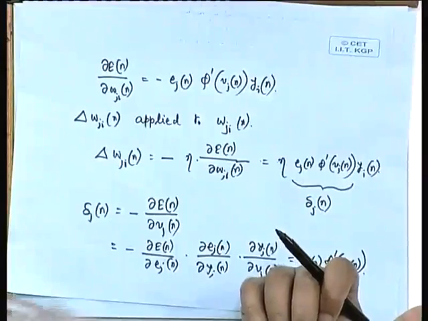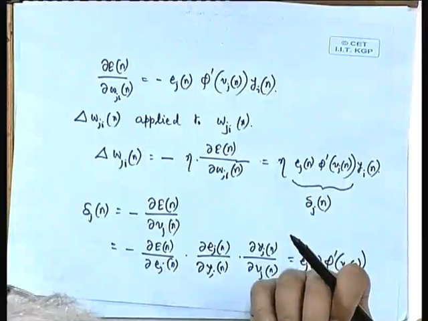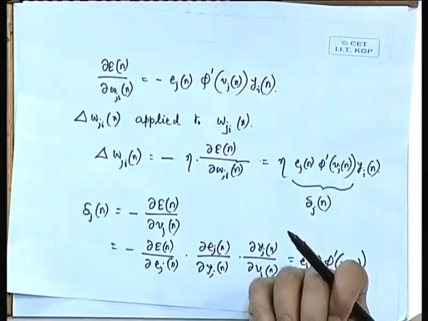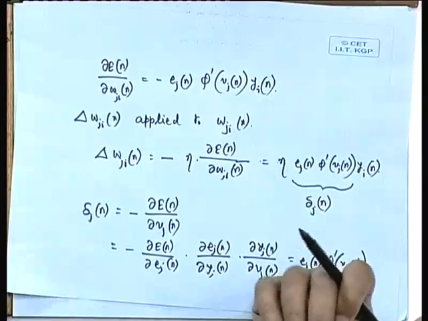Error is easy to calculate because we will be feeding the training pattern where we will be giving the desired output, dj of n will be known to us. We will be obtaining the yj n from the network. So, calculating ej n is not a problem, and we know what kind of activation function we are using. So, we just have to take the derivative of that activation function, and then we can calculate the local gradient. So, calculating the local gradient for the output neuron is not a problem. Okay. It is quite easy.